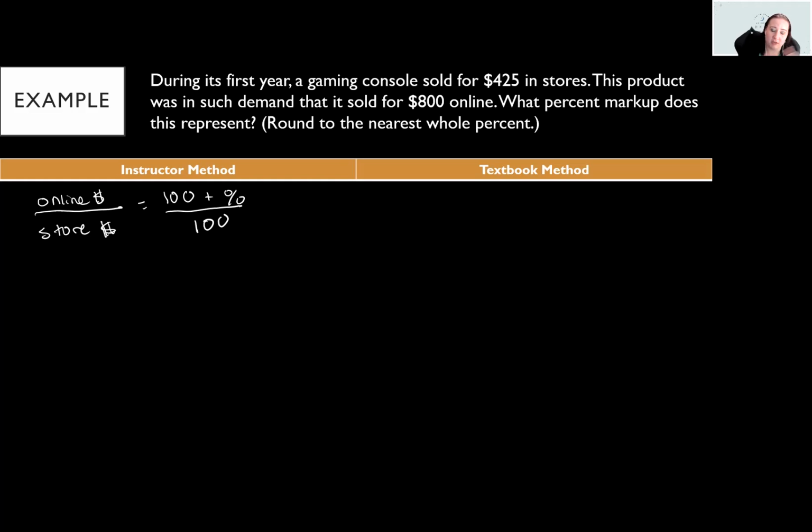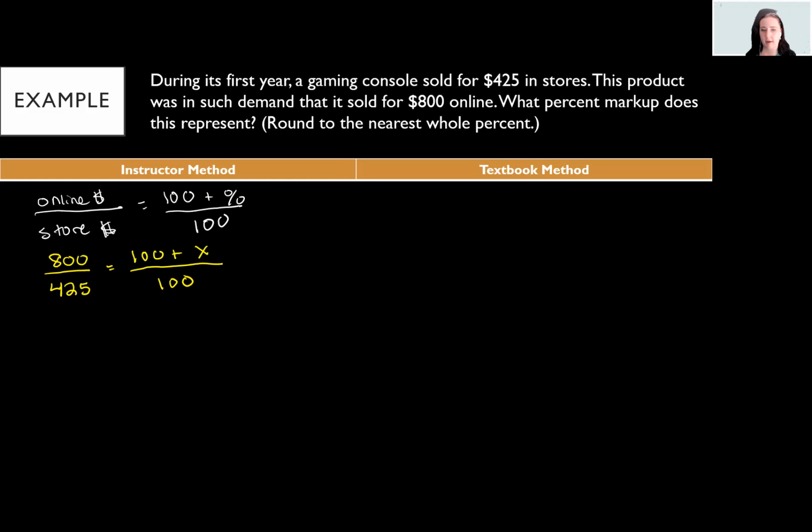So we know the new price and the old price. We're looking for the percentage. So we've got 800 over 425 equals 100 plus, and then that percent is what we're looking for. So I'm going to just make that X over 100. And so now we're going to solve this for X.